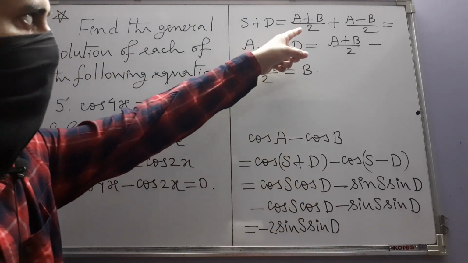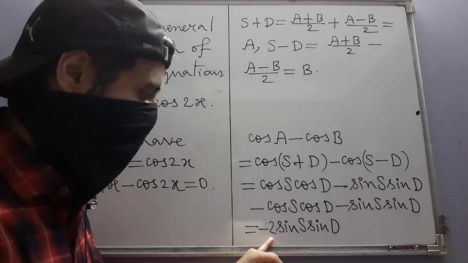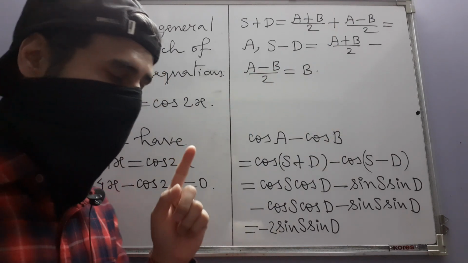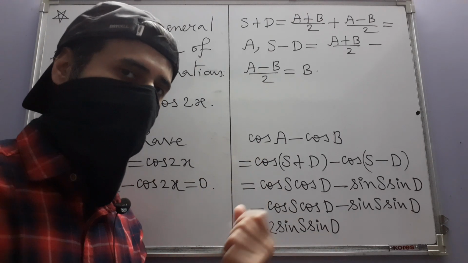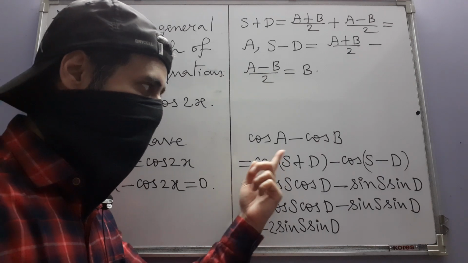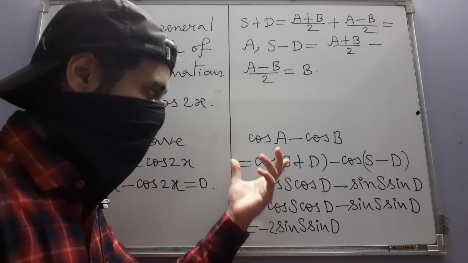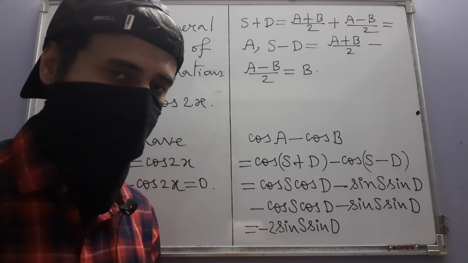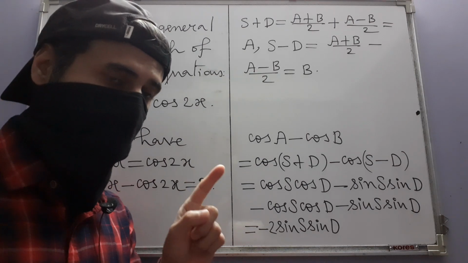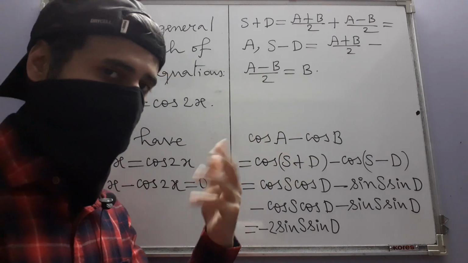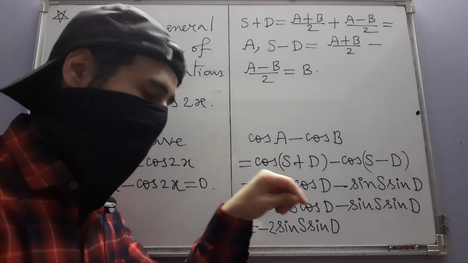In place of S you write this, and in place of D you write that, and that is why there is a minus and there is a 2. And you note one more thing, that because ultimately the way we derive this formula involves expanding cosines of angle sums, that is why cos and sin terms appear. The cos terms get cancelled and we are left with sine, and that is why in a formula involving cosines, we have the same type of term.